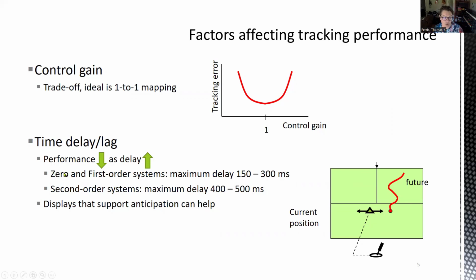As those systems get higher and higher in order, the amount of delay that can be handled is more. We can handle more delay, but that's really because of the precision with trying to get exactly where you want to be. If you need precise position control, you need less delay in your controller.